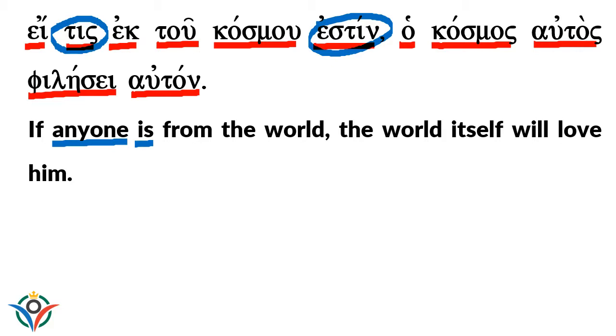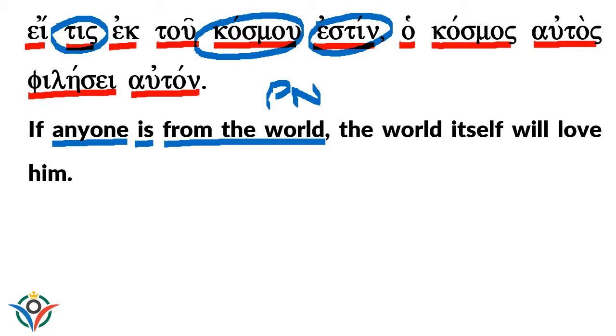And then we have ek tou kosmou, which we've translated as from the world. Now you would expect kosmou to be in the nominative case because it's functioning as a predicate nominative. But the reason why it's in the genitive case is because it is functioning as the object of the preposition ek, and ek takes its object in the genitive case.